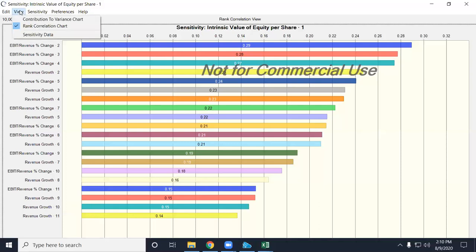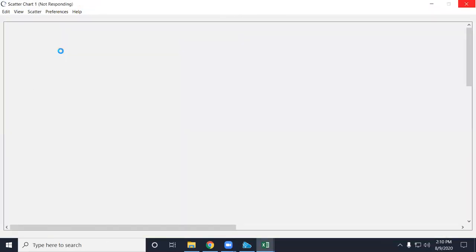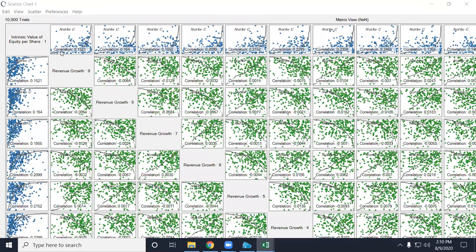Another thing I can show you here is the sensitivity. I can show you a scatter chart. This may take some time. It's loading. You can see I show scatter charts, basically for matrix view and n by n. Again, it's quite a big matrix because I have so many assumptions.